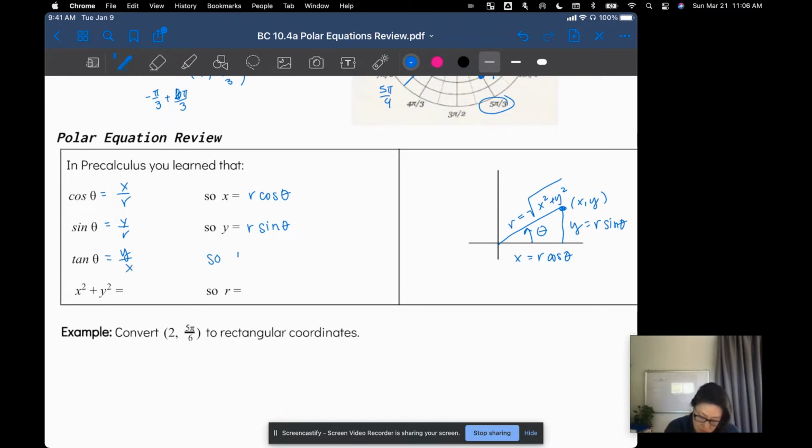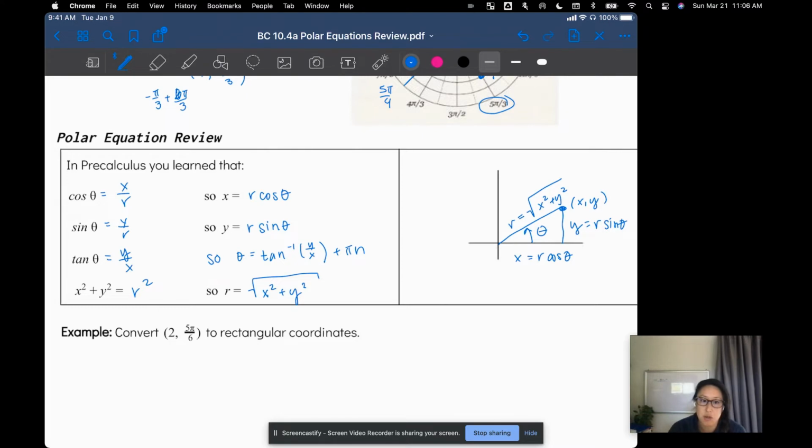So we can say theta is equal to tan inverse of y over x plus pi n. And x squared plus y squared is equal to r squared. So r is equal to the square root of x squared plus y squared. That's like our toolkit, and we use that to convert back and forth between polar and rectangular equations.